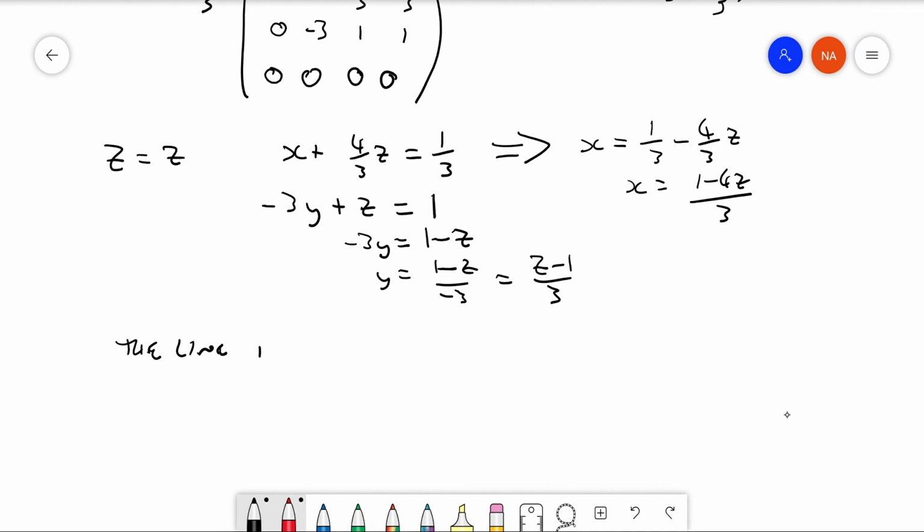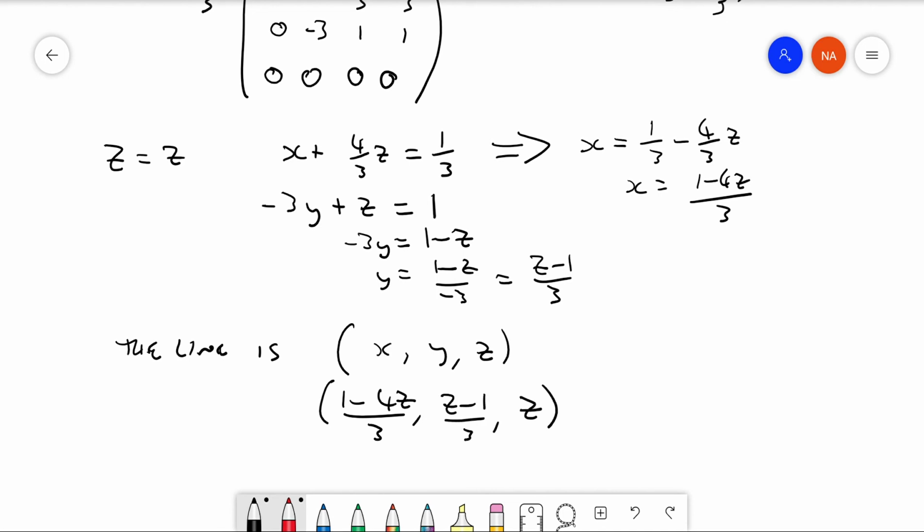The line is, I'm going to put in here my X, Y and Z. This is my line, and it is 1 minus 4Z over 3, Z minus 1 over 3, and Z can be anything.